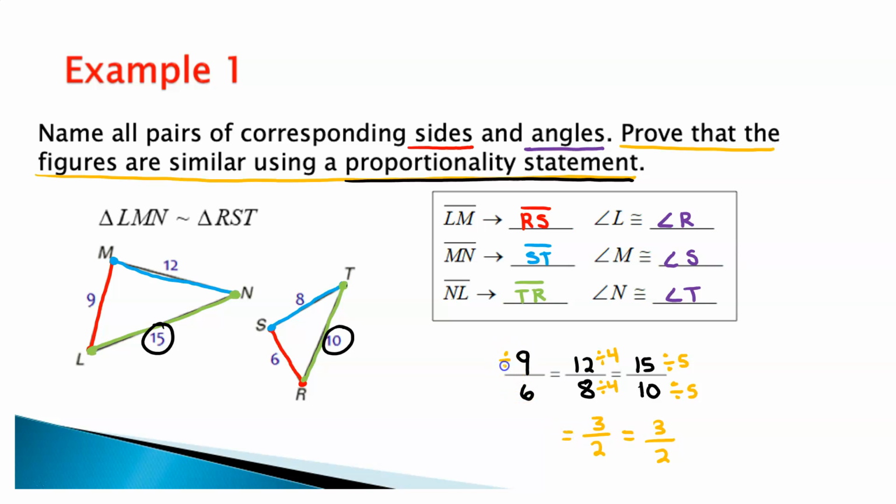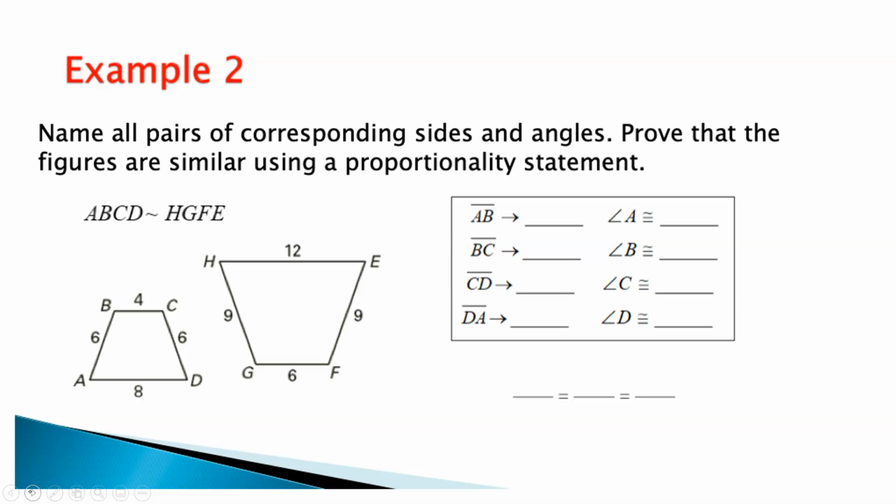I can divide top and bottom by 3. 9 divided by 3 is 3, 6 divided by 3 is 2. With our proportionality statement, we were able to prove that all those sides are corresponding. They're all 3 over 2. So that is how you prove that two figures are similar.